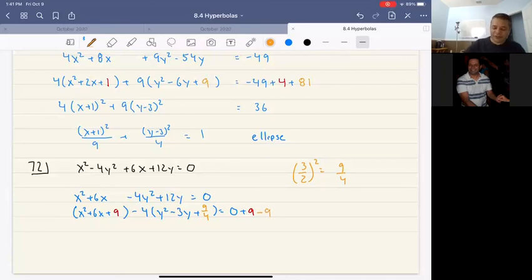So we're actually going to get x plus 3 squared minus 4 times y minus 3 halves squared equals 0, which I didn't expect. The 0 means that's not actually a hyperbola.